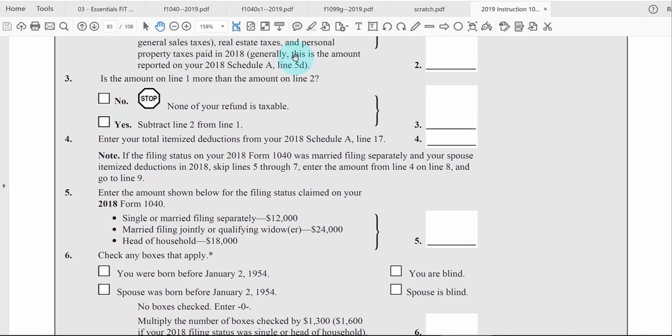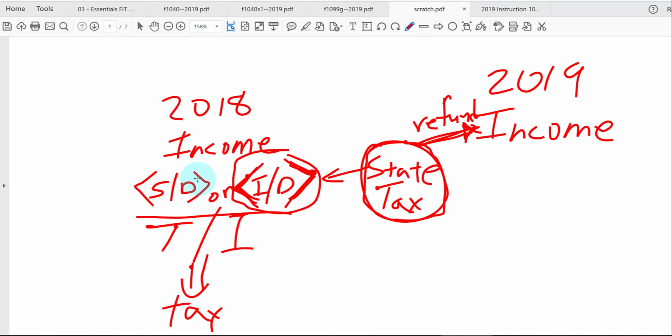Now keep in mind, most people don't claim itemized deductions. They claim the standard deduction. So if they have a state overpayment and get back that refund, the refund is not taxable because they did not deduct any state income taxes. They claimed the larger standard deduction.